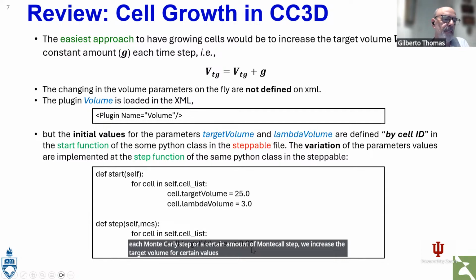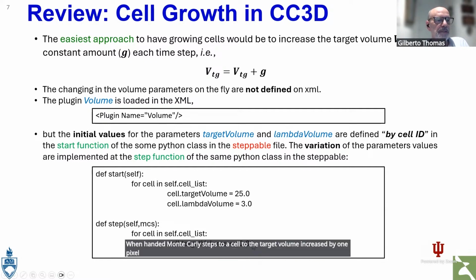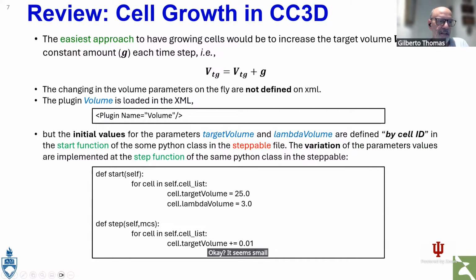Here, for example, 0.01 pixel per addition. So it takes 100 Monte Carlo steps for the target volume of a cell to increase by 1 pixel. It seems small, but it's not.